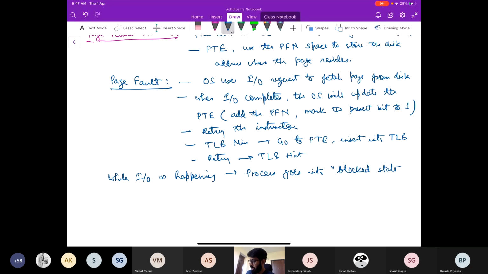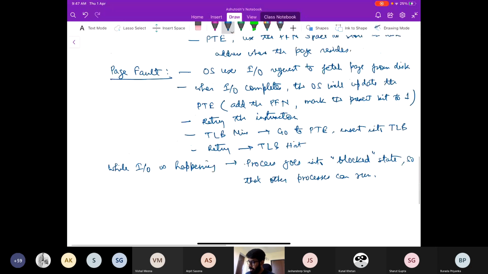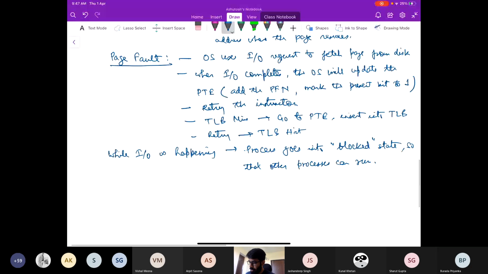So another process can run, because IO will take time and it is not very wise to waste so much time while the IO is happening for this process itself. So you can run other processes, right? So this is what happens.